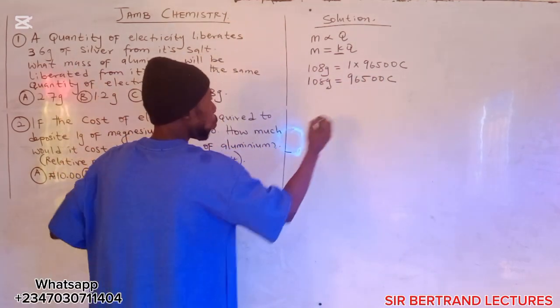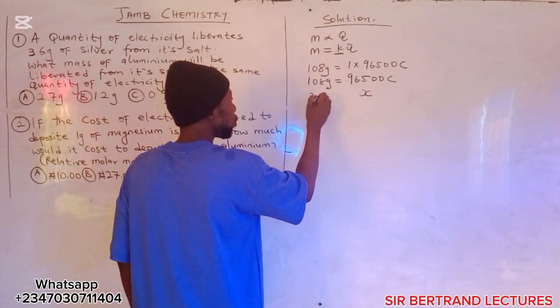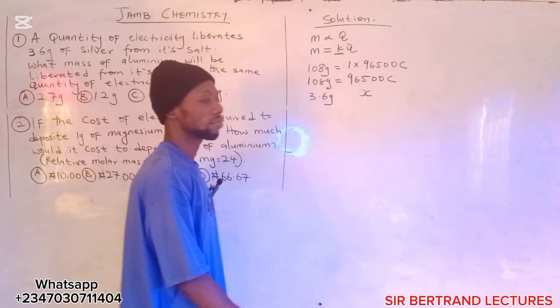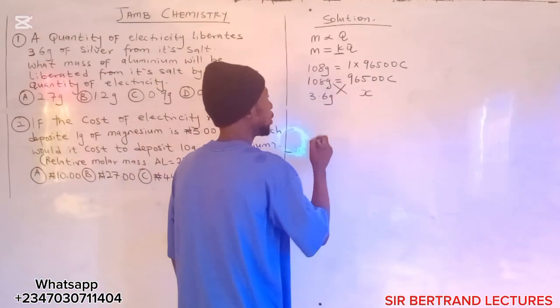Then what quantity of electricity will liberate 3.6 grams of silver? Here we are going to cross multiply.